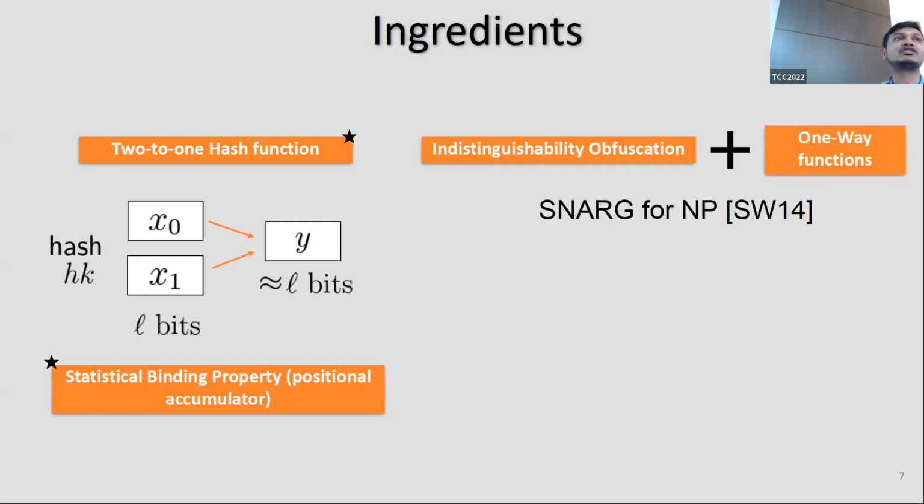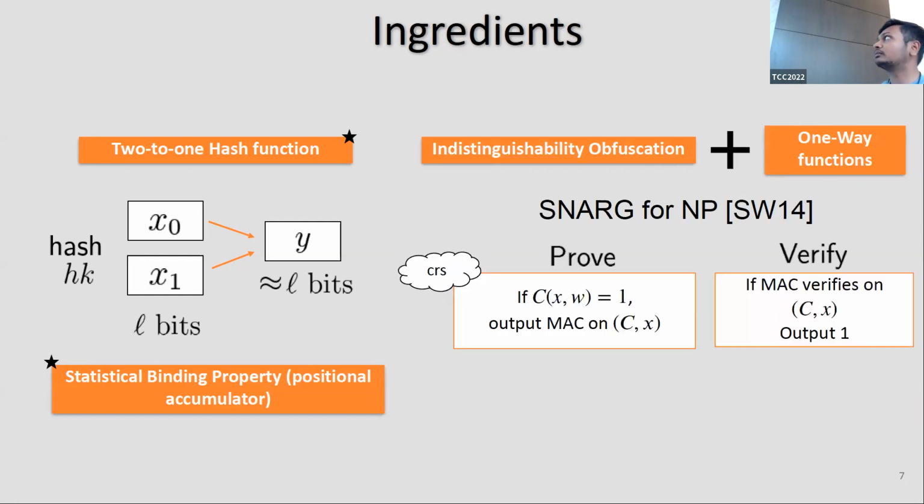So let me go through the SNARG for NP construction from 2014 by Sahai and Waters. Informally, in their construction, in the CRS you publish 2 programs, a prove program and a verify program. The prove program takes in a circuit C, statement x and witness w. It checks if the statement and the witness verify, that is, the circuit outputs 1, and it outputs a MAC on the circuit and the statement.